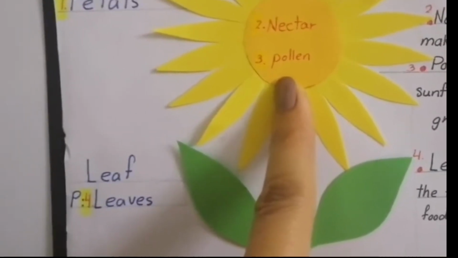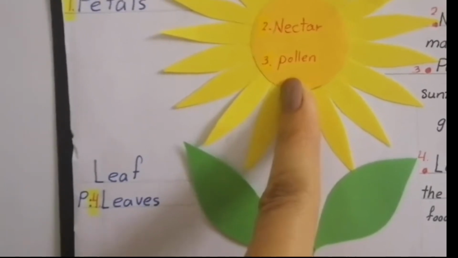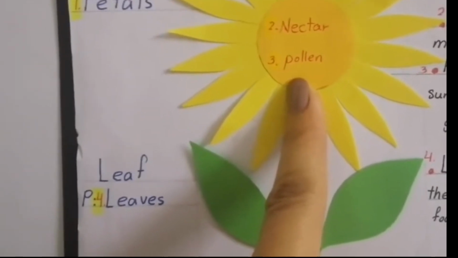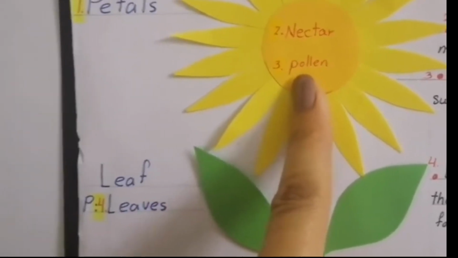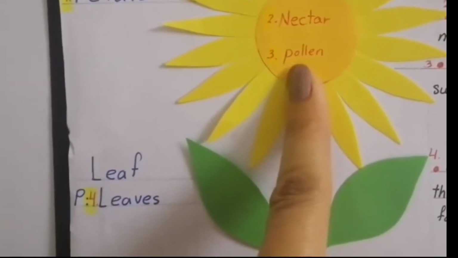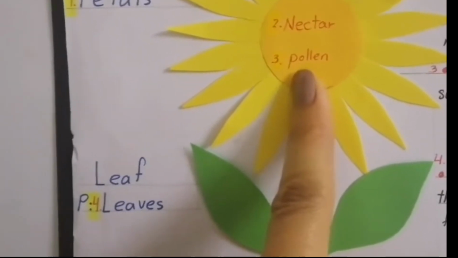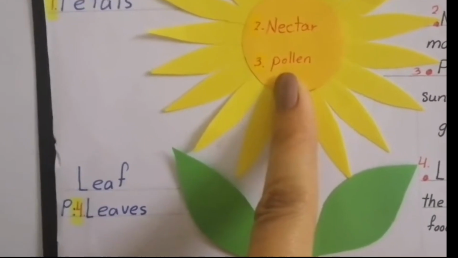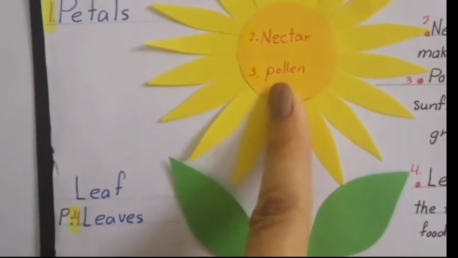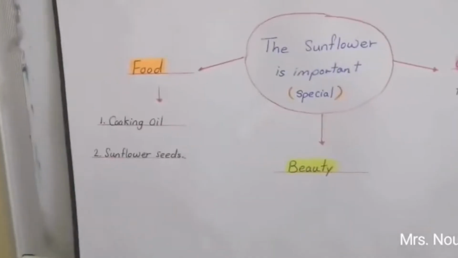They can carry the pollen from somewhere and bring it to another plant. Okay, pollen means the powder that honeybees or insects bring from other plants. What is the function of pollen? Pollen helps the new sunflower seed to grow.